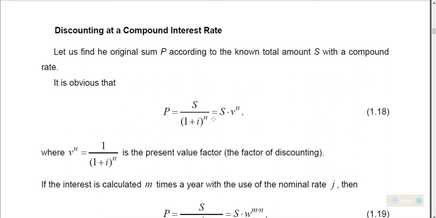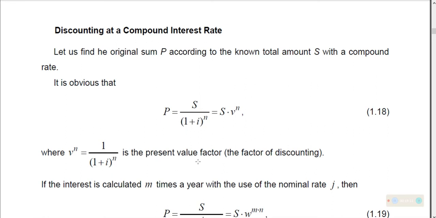Which is equal to S times V raised to the power of N. Ano si V? Yun yung reciprocal ng 1 plus I. Or, equal siya sa 1 over 1 plus I raised to the power of N. Okay?